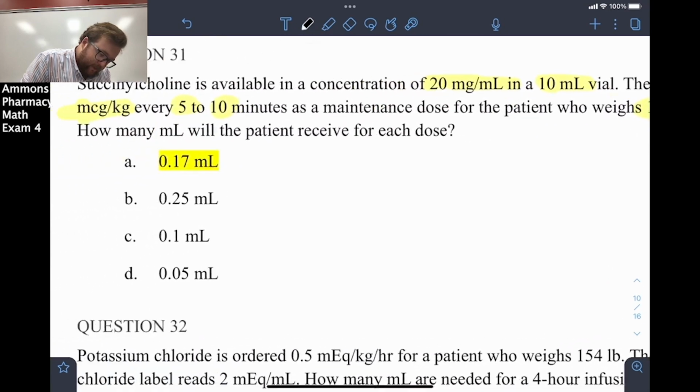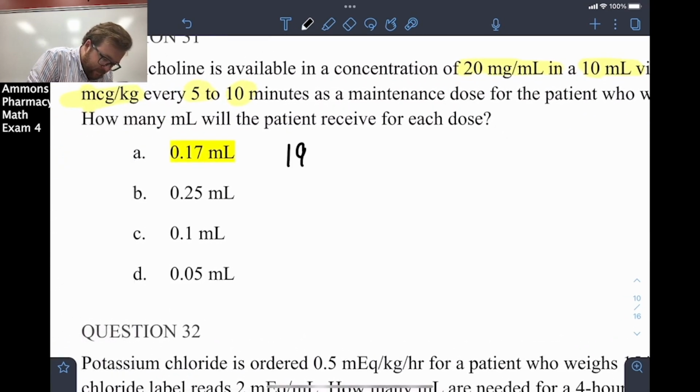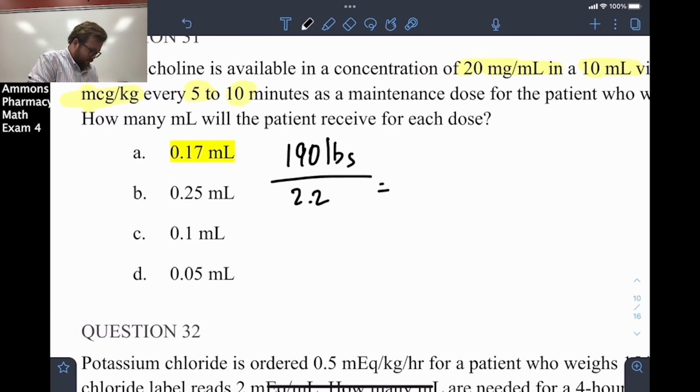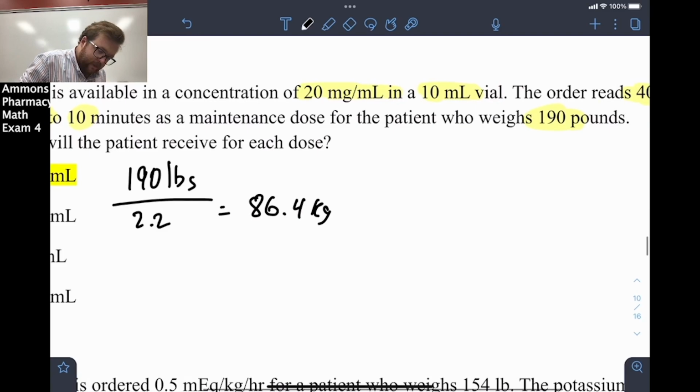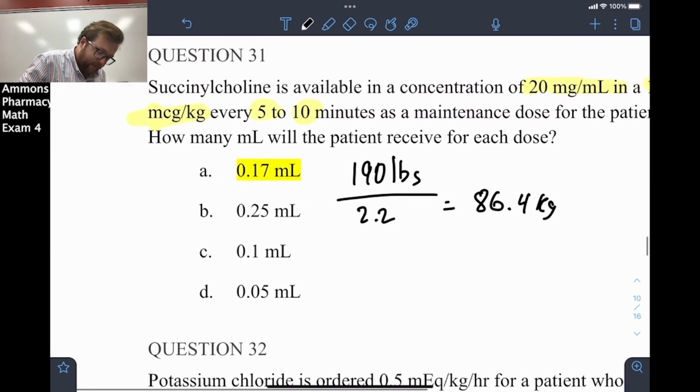How much does he weigh? 190. He weighs 86.4 kilos. He gets 40 micrograms per kilogram.